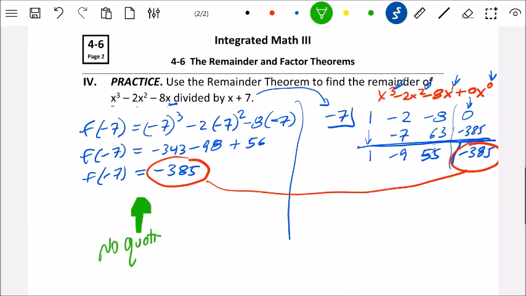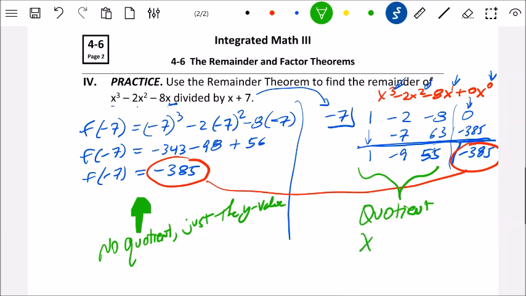No quotient, just the y value. Here we do get a quotient, which would be as a depressed polynomial, 1 times x squared minus 9x plus 55.